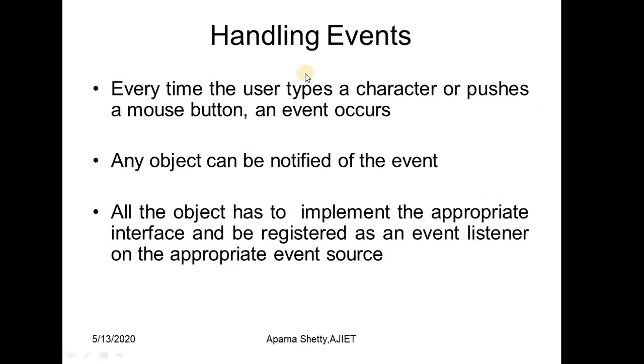Next topic is handling events. Every time the user types a character or pushes a mouse button, an event occurs. And whenever an event occurs, any object can be notified of that event. All the objects have to implement the appropriate interface and be registered as an event listener on the appropriate event source.